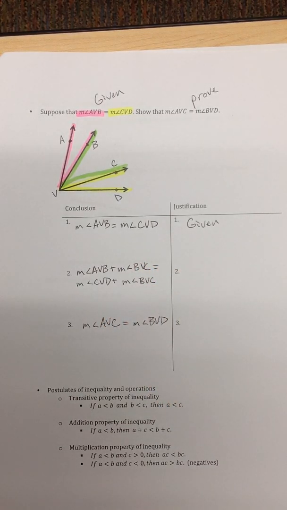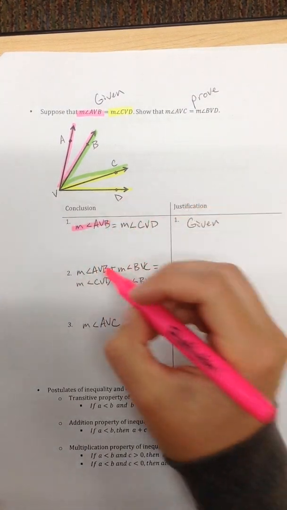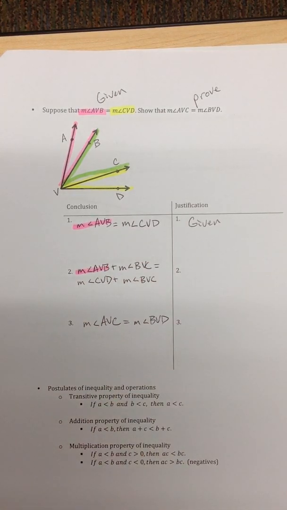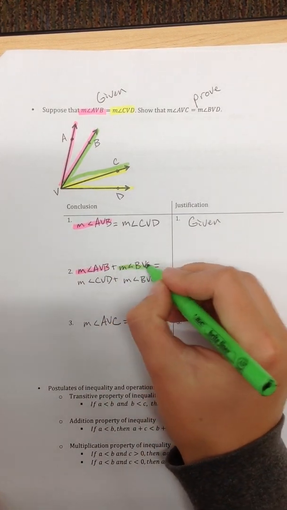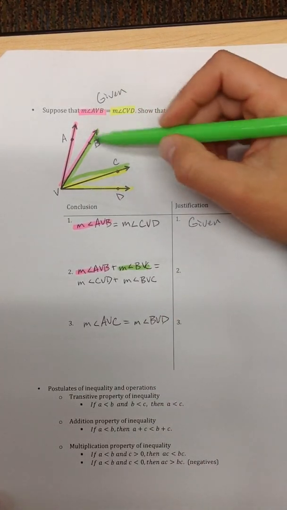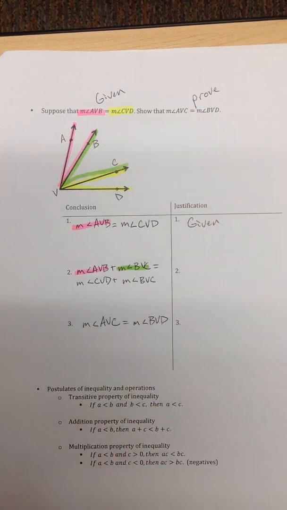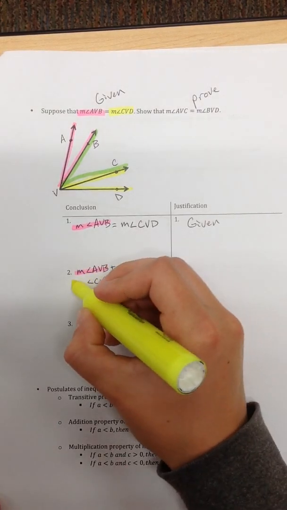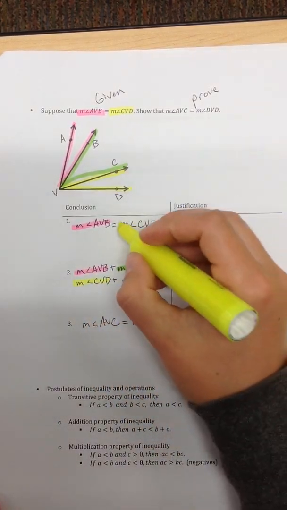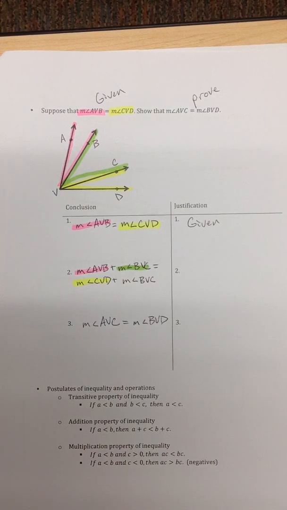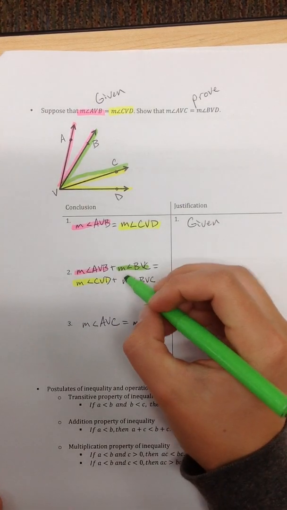Basically what we're doing here is taking the pink angle, and adding the green angle to it. If we take the pink and the green and add them together, we get AVC, that full angle there. Then we do the same thing with our yellow angle, the CVD, that one there, and the green angle.